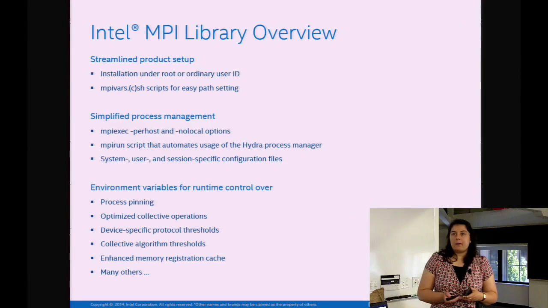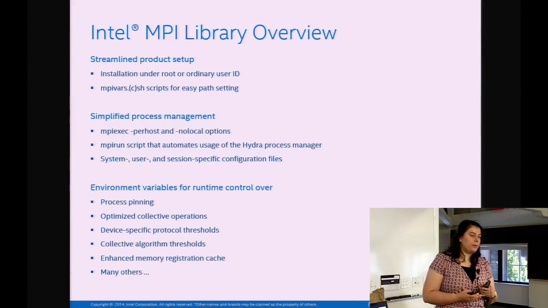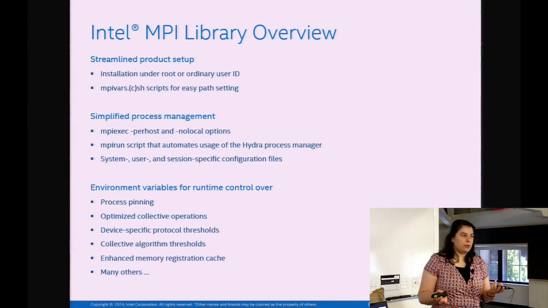Okay, so the first thing I want to mention is that because we ship pre-built binaries, you can pretty much install Intel MPI at any level of your cluster. What I tend to do a lot is run on a machine that I'm not an administrator for, so I'm just a regular user.